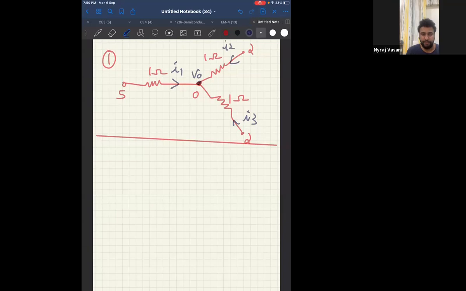Therefore, here also it will become I1 plus I2 plus I3 equal to 0. Till here everyone was clear anyway. This is applying KCL. Now I will apply only one logic, that is this minus this by this, and this minus this, and this minus this.